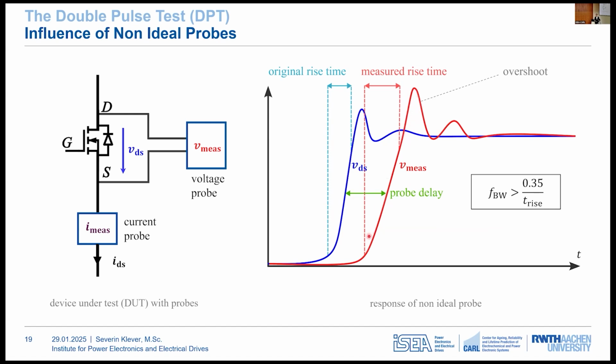The rise time is the time that the signal takes to rise from 10 to 90% of its final value. The suitability of a probe is determined by its bandwidth, and there's a rule of thumb that says that the bandwidth should always be greater than 0.35 divided by the rise time of the input signal. So in this example, the bandwidth of the probe is obviously too low.